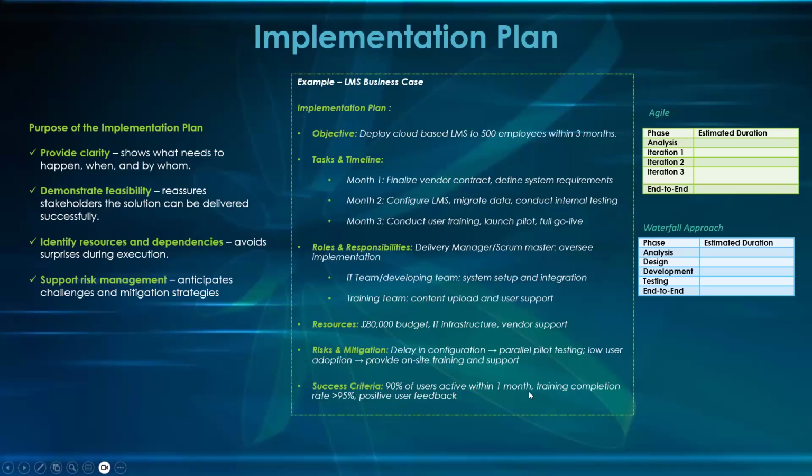If so, you've achieved your goal. That is what good looks like. Then, training completion rates, you look at it, 85%. Those are the things you measure against post implementation, post go live.